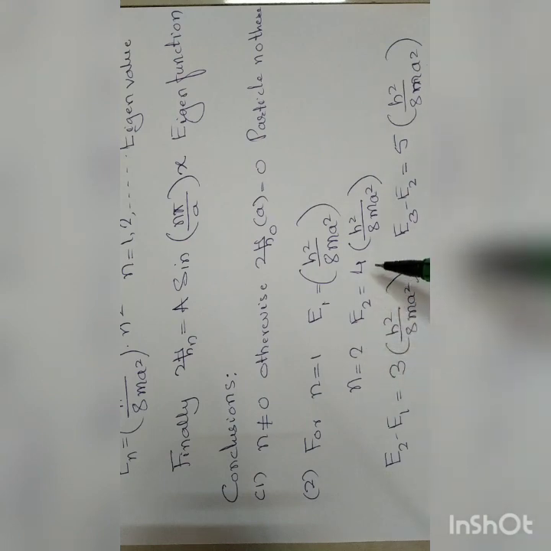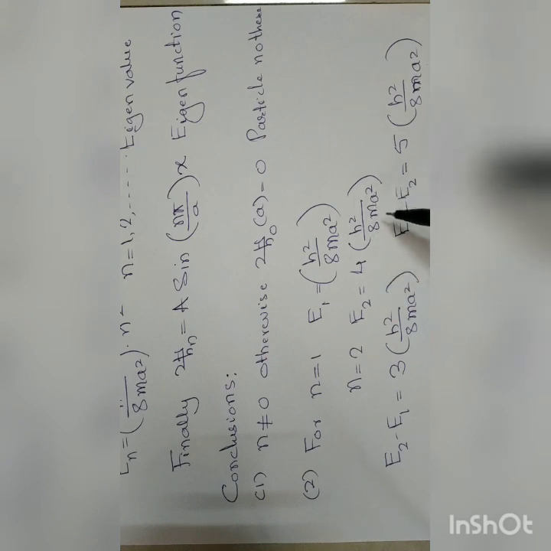E2 equal to 4 into h square divided by 8m a square. Now I can calculate the difference between the second level and the first level. Therefore E2 minus E1 is nothing but 3 times h square divided by 8m a square.